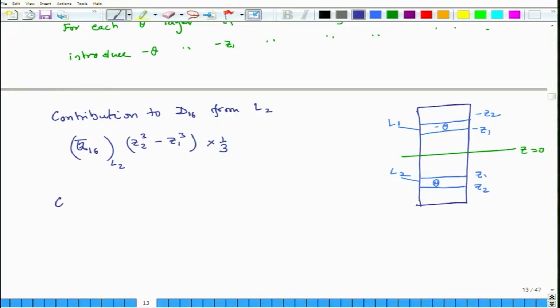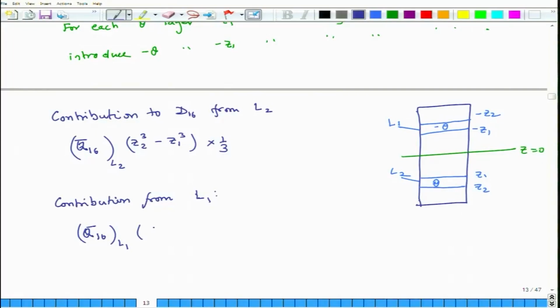And contribution from L1, what is it? It is Q16 bar for L1, and it is minus Z1 cube minus Z2 cube.